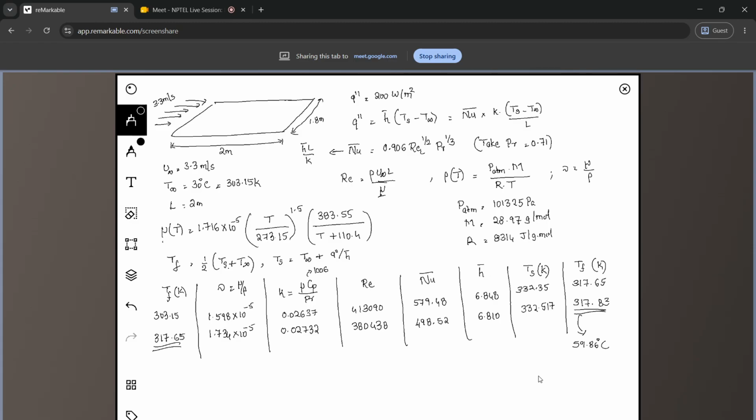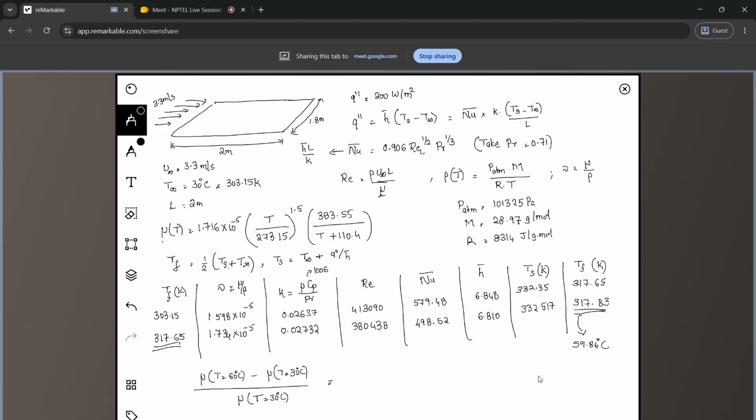Using this new value, you can compute mu at T equal to 60 Celsius minus mu at T equal to 30 Celsius. You can compute this difference and then see what happens if you assume just 30 Celsius, and compute this percentage error. Then you'll understand how much property changes there are. That is why we are using the average temperature of this.